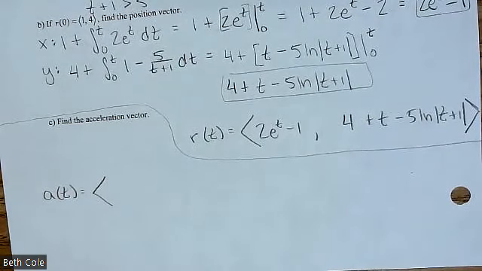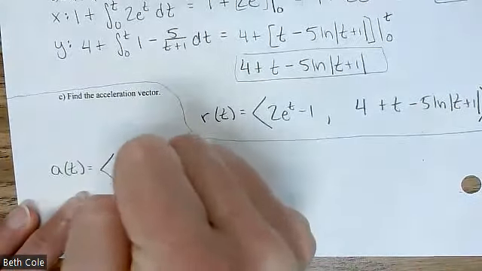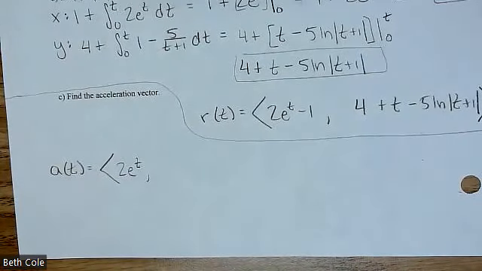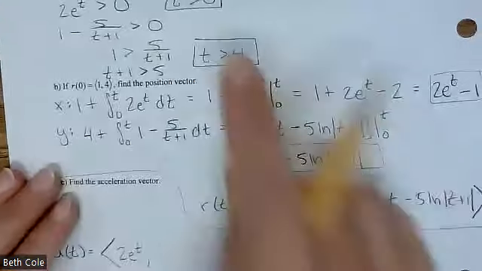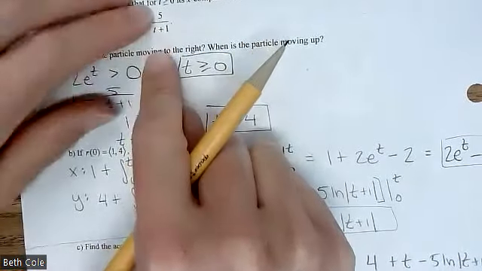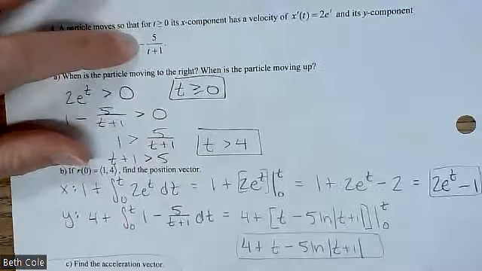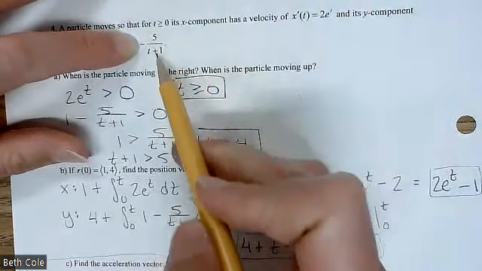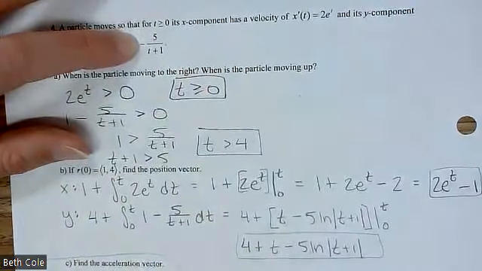So what's your derivative for x? Yeah, 2e to the t, that's the easy one. And then for y, well, derivative of 1 would just go away. So here, watch, this is what we have. You could do a quotient rule, are you thinking quotient rule?